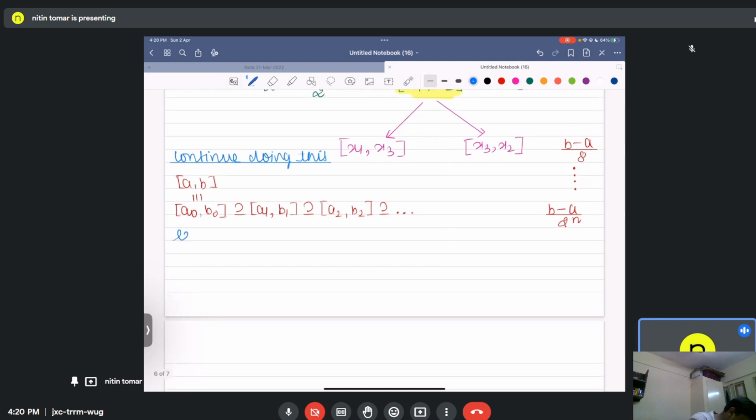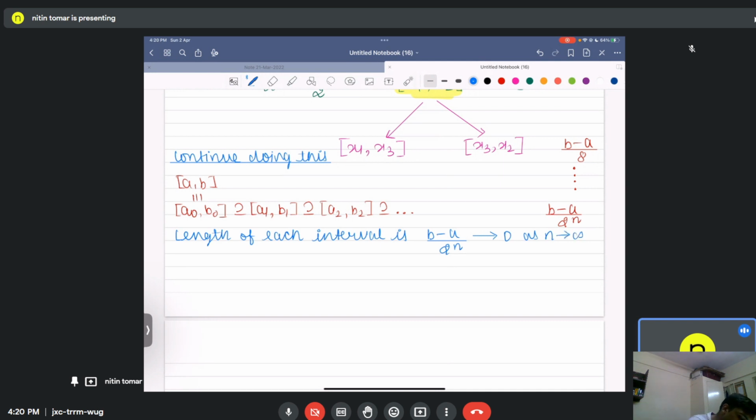The length of each interval is b minus a by 2 to the n, right? And this goes to 0 as n goes to infinity.